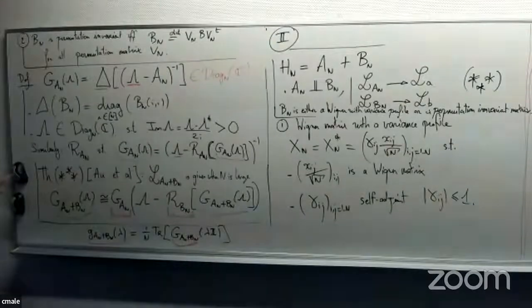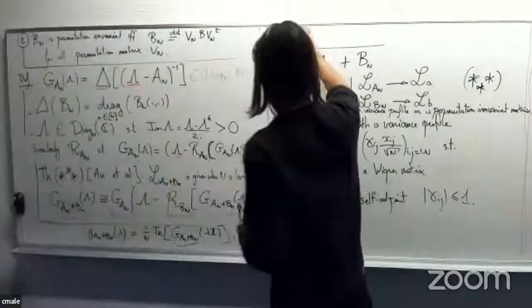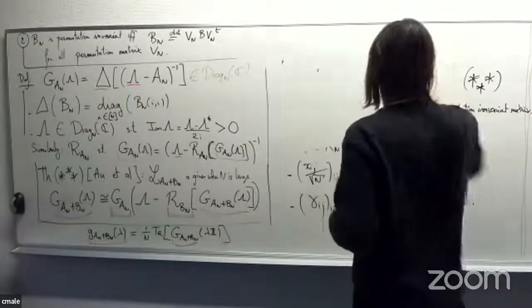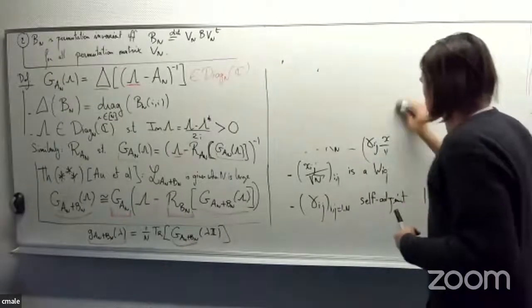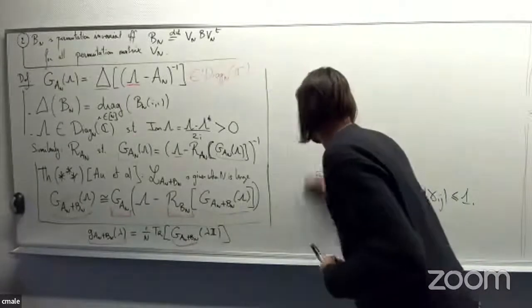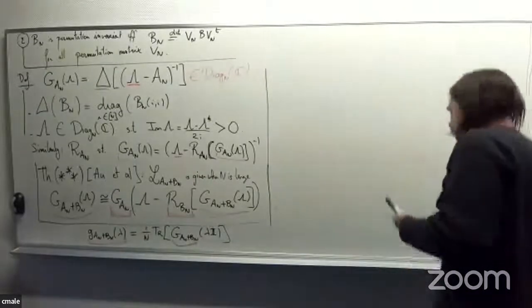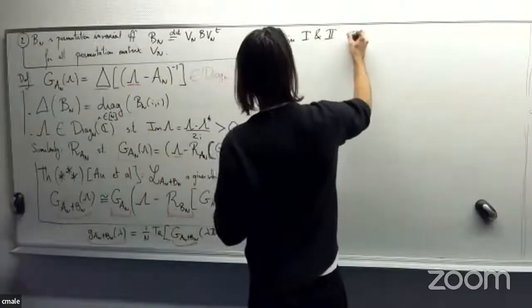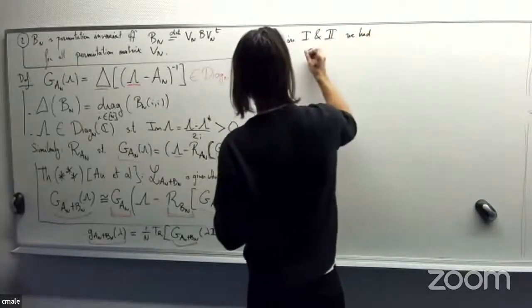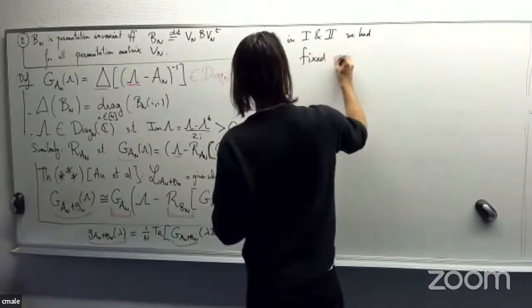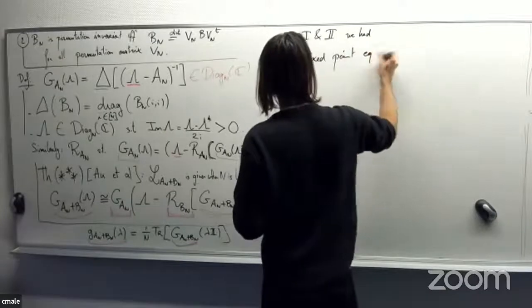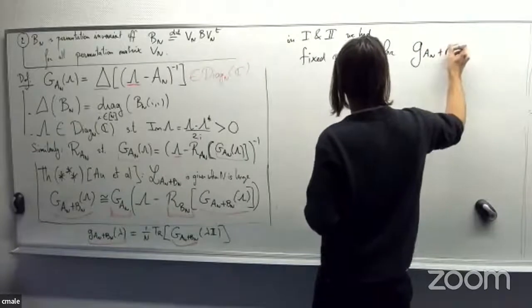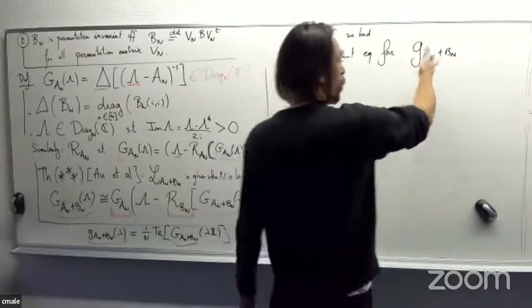So this is almost the end of my talk. So let me just give a remark. So before, in 1 and 2, we had a fixed point equation for the Stieltjes transform of An plus Bn, which was true in the limit.